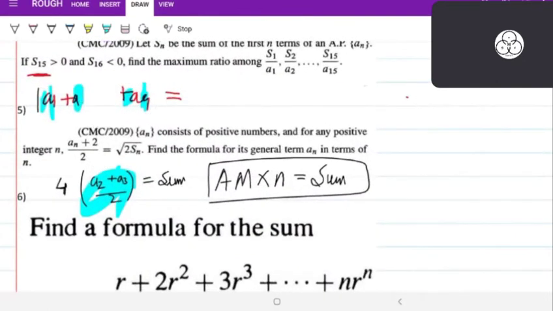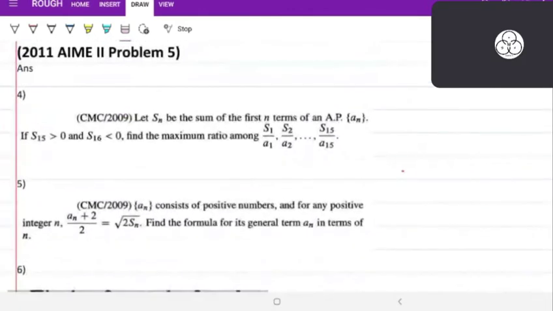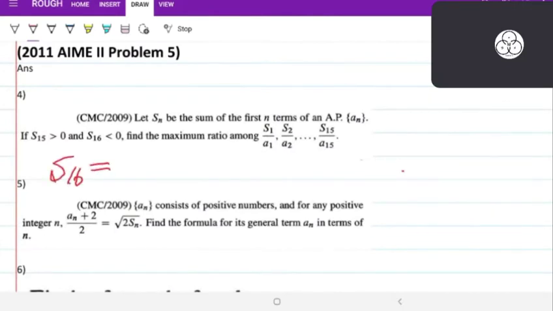Now my question is: for S16, what will be the AM? After that much explanation, it's easy to answer. For S16, the expression is N into the AM, which will be 8, right?